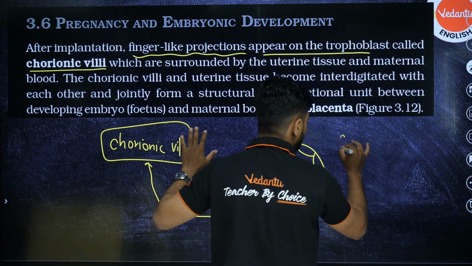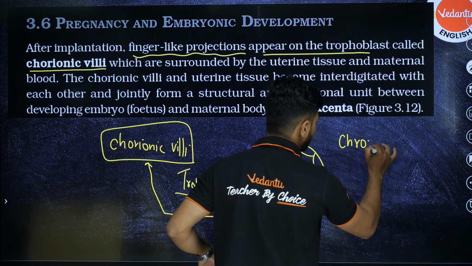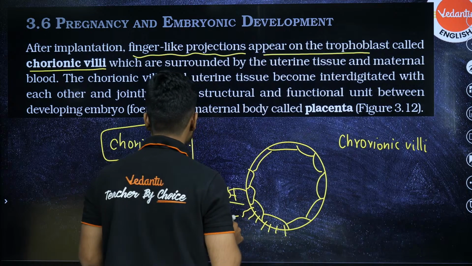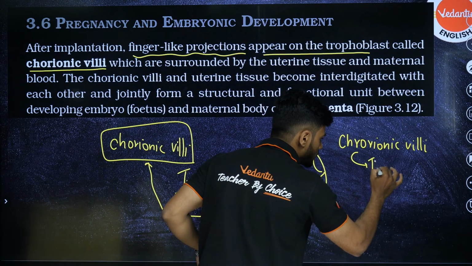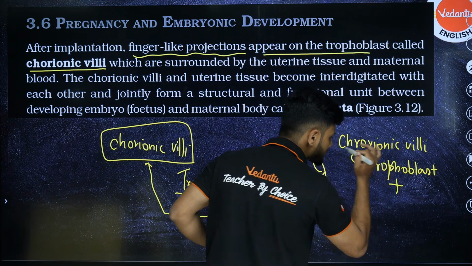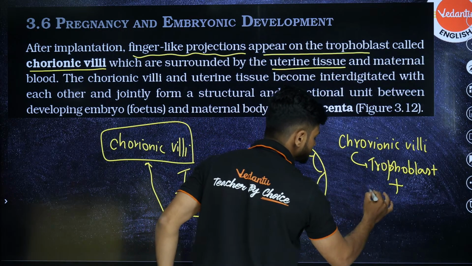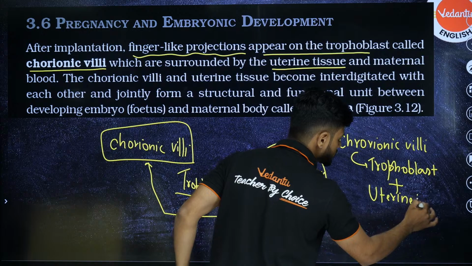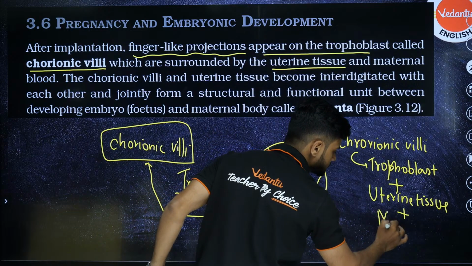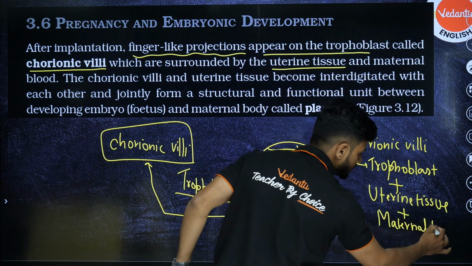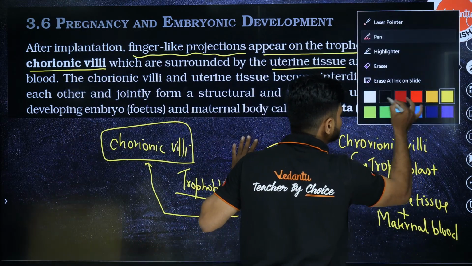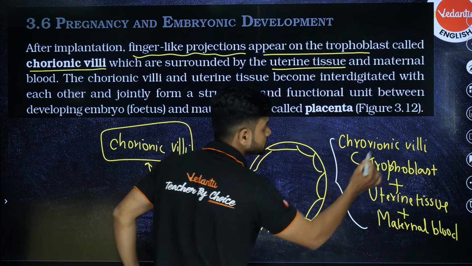We have the chorionic villi, which are part of the trophoblast, plus the uterine tissue, plus maternal blood. Together they form the placenta. Together they form the placenta.